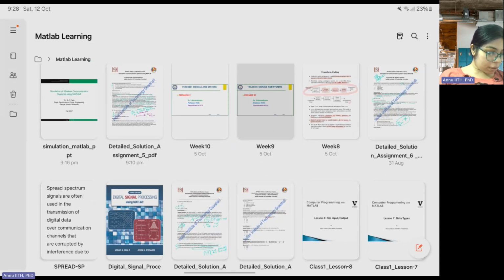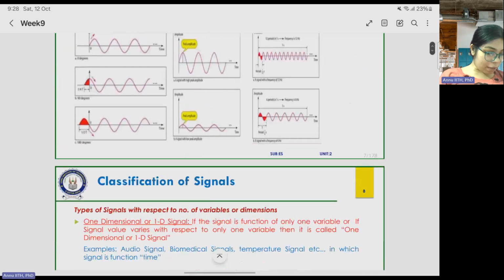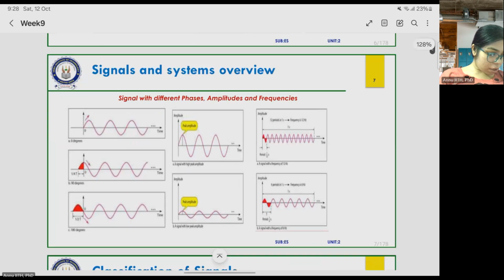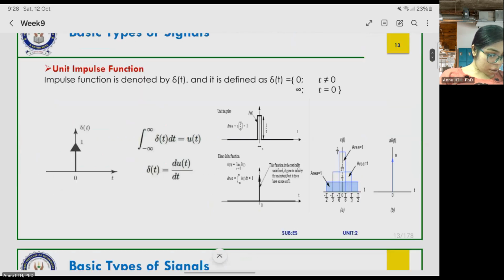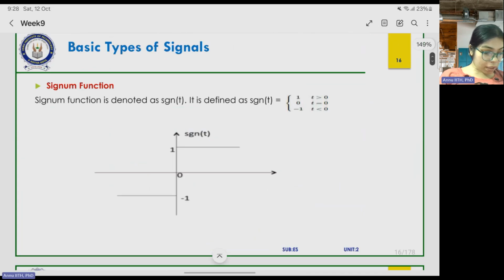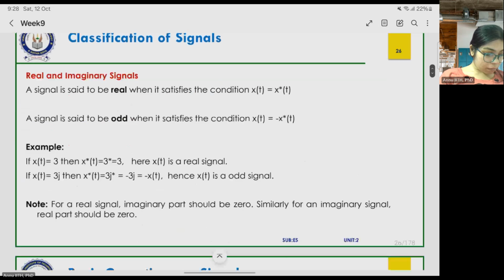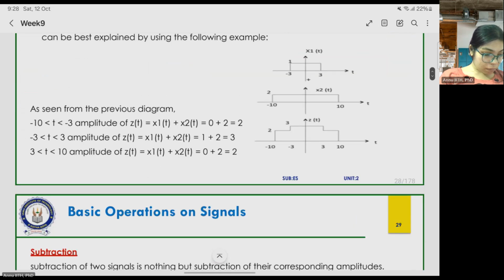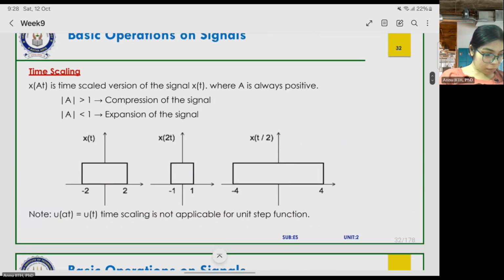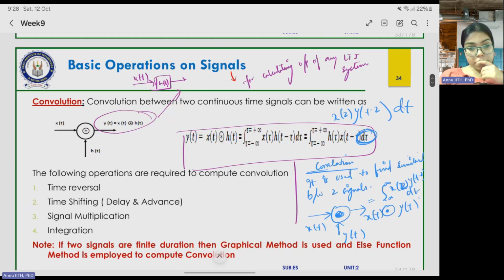Week 9. So signals and systems was covered. Basic types of signals. Basic operations of signals. Convolution, correlation.